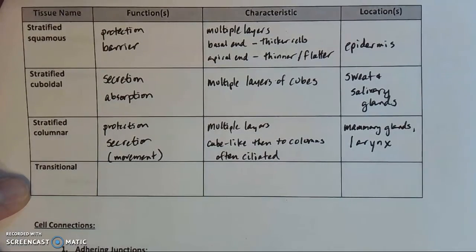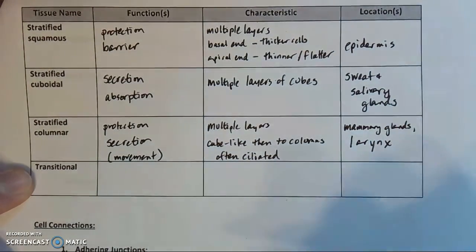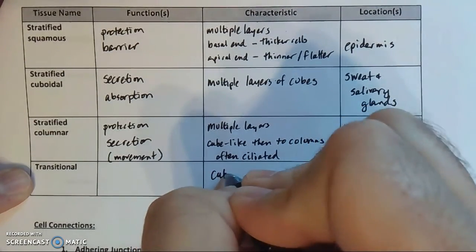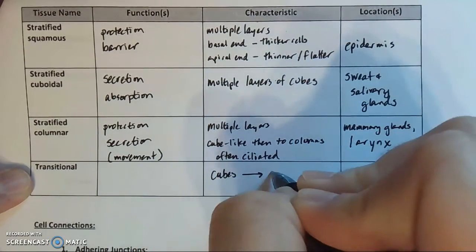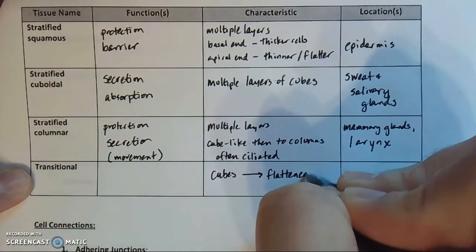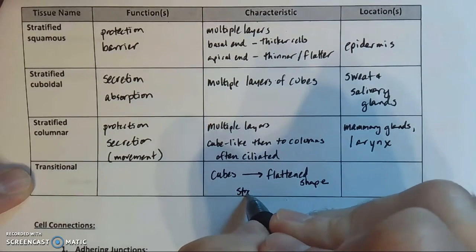The last one is transitional. And again, transitional means it transitions or changes shape. So it goes from a cube shape to a flattened shape. So we have stretching.